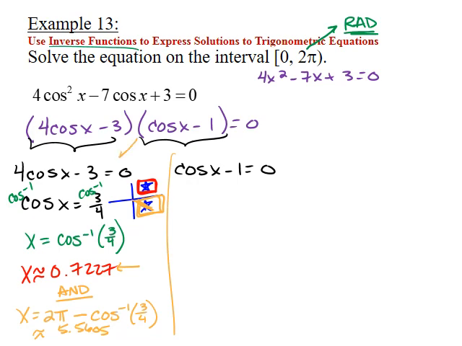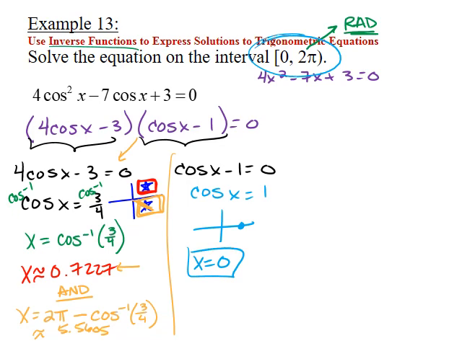So this equation produces 2 solutions, but your calculator only provides one of the 2, so you have to find the other one. Then if we solve this second equation over here, cosine of x is equal to 1, which in the interval we're interested in only occurs at x equals 0.